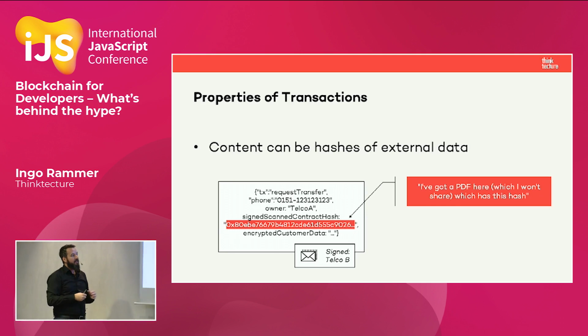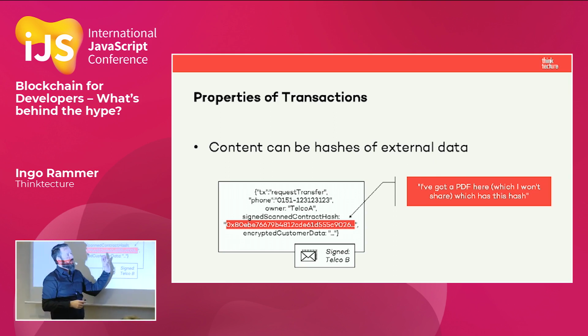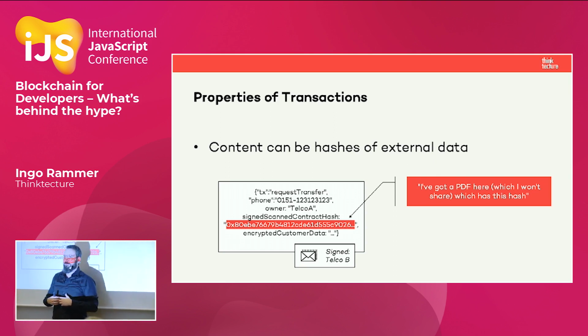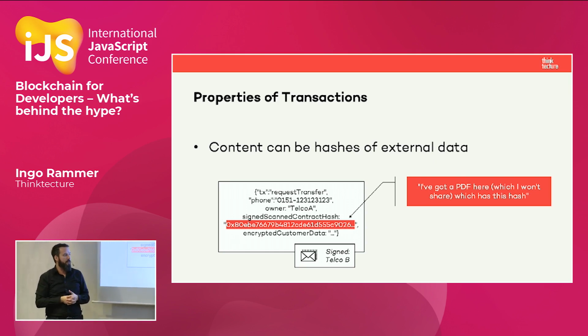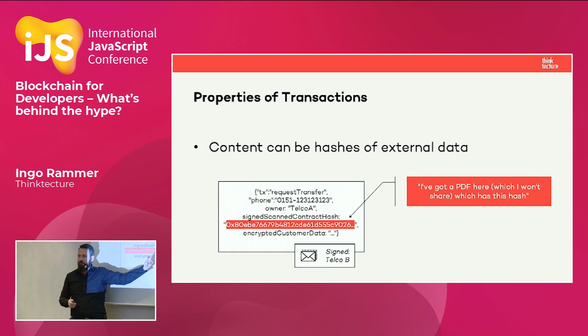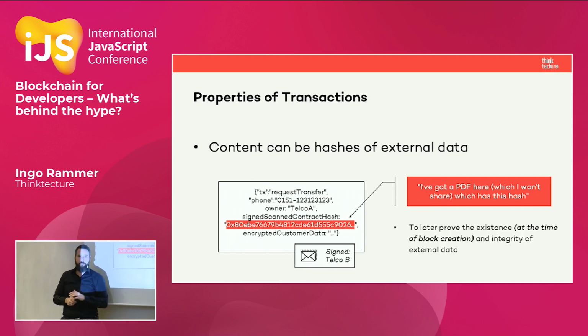We can, for example, in addition to just saying, oh, this client's in front of me and they say they want to port, scan the contract which I've signed. I could create a digital hash code, a checksum over the PDF, and put this into my transaction. Why would I do this?